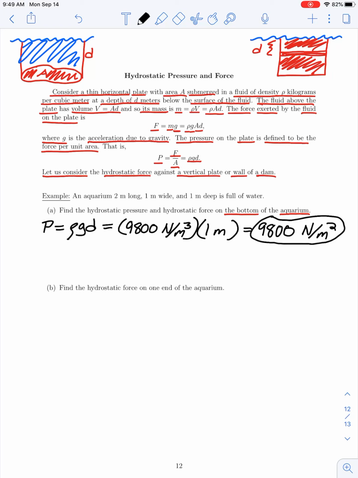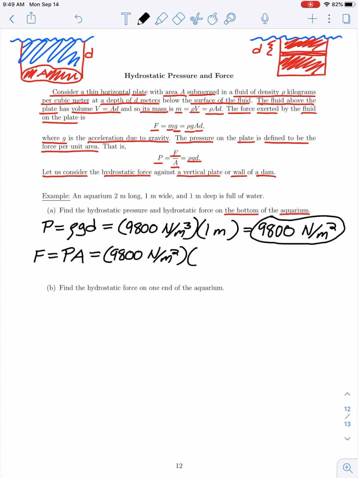Now from there, to get the hydrostatic force acting on the bottom of the tank, well, pressure was force per unit area. So to get force, I would take my pressure, P, and multiply by the area of the bottom of that tank. So here, our pressure we had calculated as 9,800 newtons per square meter.